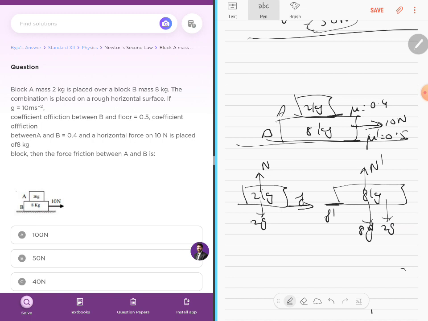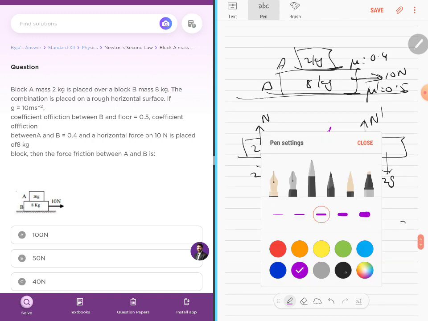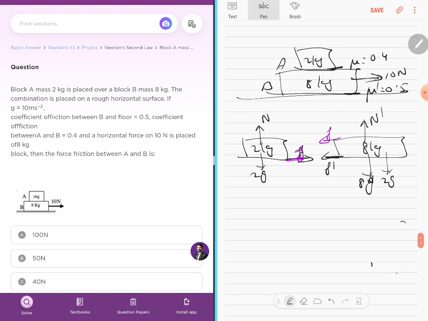And additionally, because of this F, the frictional force on the top block from the lower block, the top block will also exert a friction on the lower block, which will be F. So all these have been written. Now the question is to find the friction that exists between A and B, they are asking for this F.